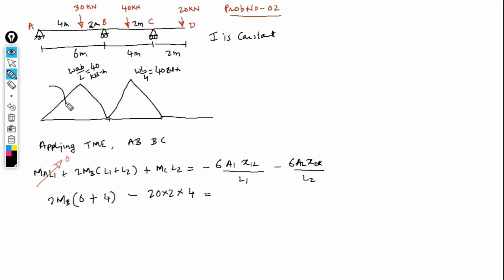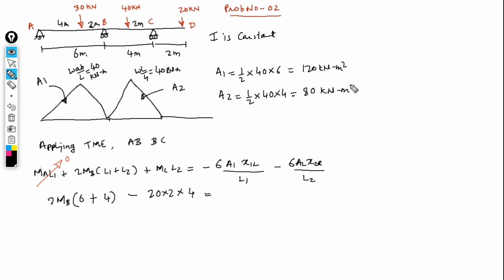A1 is area of free bending moment diagram of AB, and A2 is area of free bending moment diagram of BC. So you can calculate A1 and A2. A1 is half into 40 into 6, which is equal to 120 kilonewton meter square. A2 is half into 40 into 4, 80 kilonewton meter square.